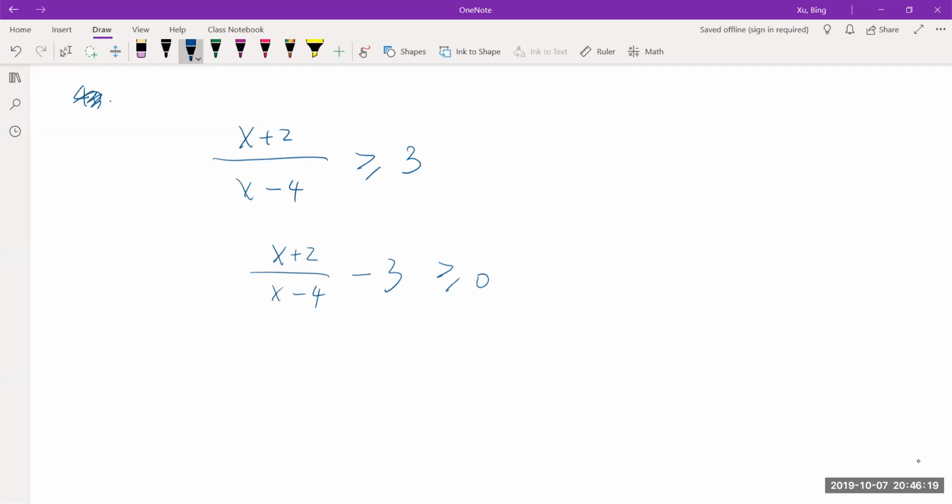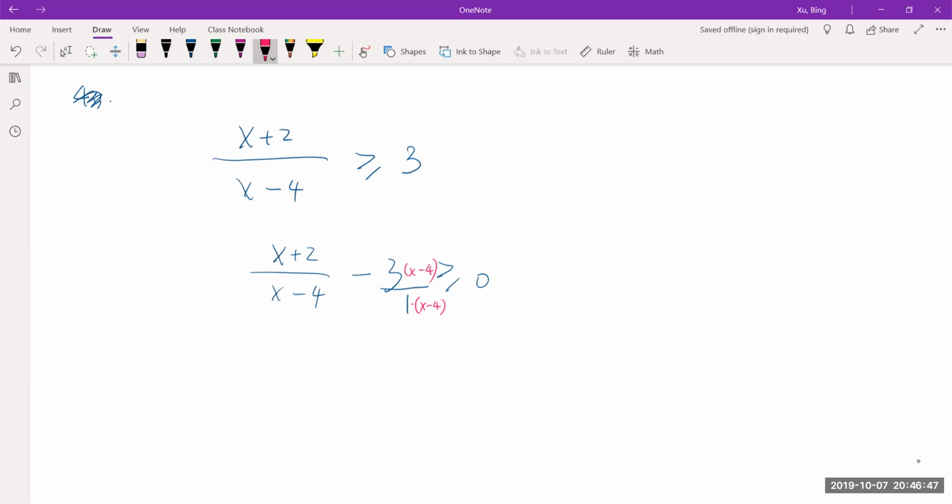3 can be seen as 3 over 1. Between 1 and x minus 4, the common denominator is x minus 4. So we need to turn this 1 into x minus 4 by multiplying it by x minus 4, and do the same on top.